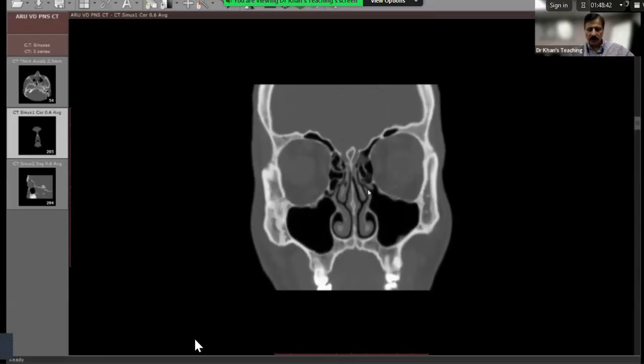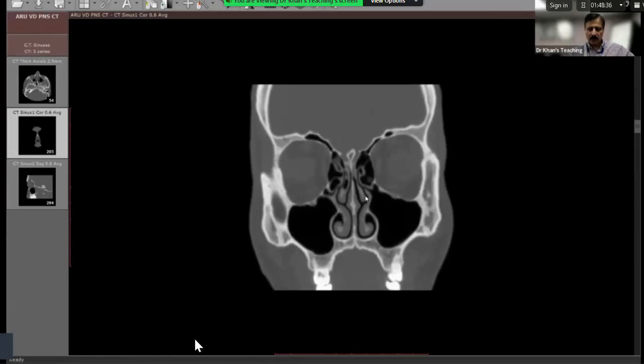From here to here is the infundibulum. And this lucency here is the middle meatus. On the other hand, you can see the orbit here. So this convex structure here is the ethmoid bulla. And this thing is the uncinate process. This is the uncinate process. This, of course, is the inferior meatus.